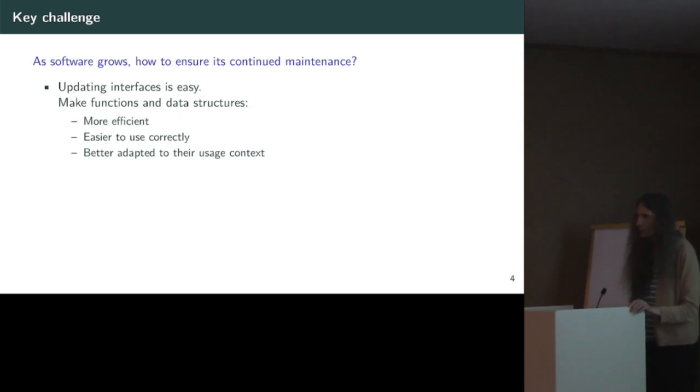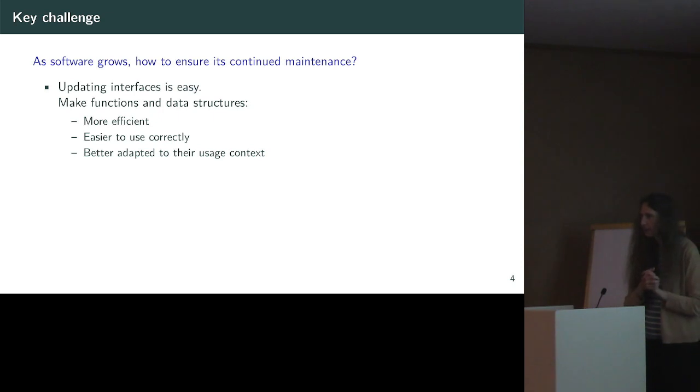An easy thing to do in general, you may have some libraries in your software, and then you have the clients of those libraries. So updating the library, you think of some new clever implementation, you need to think of some new parameter that would provide you with lots of information to make a more efficient implementation, and so on. All of these things are quite easy to do.